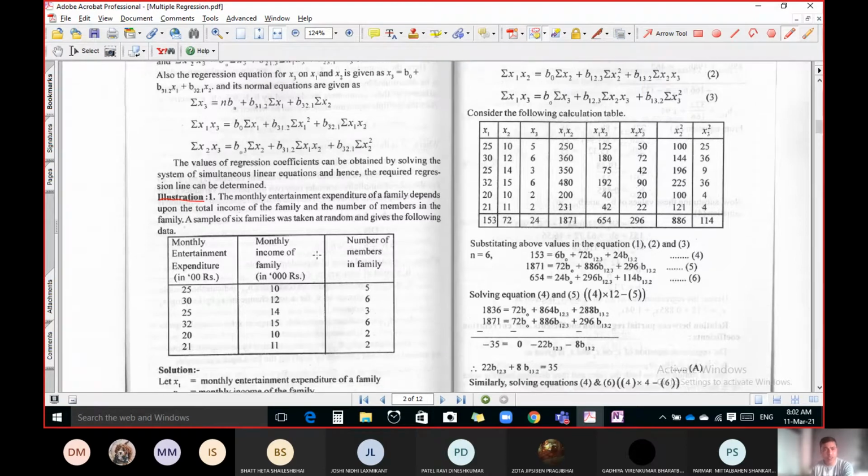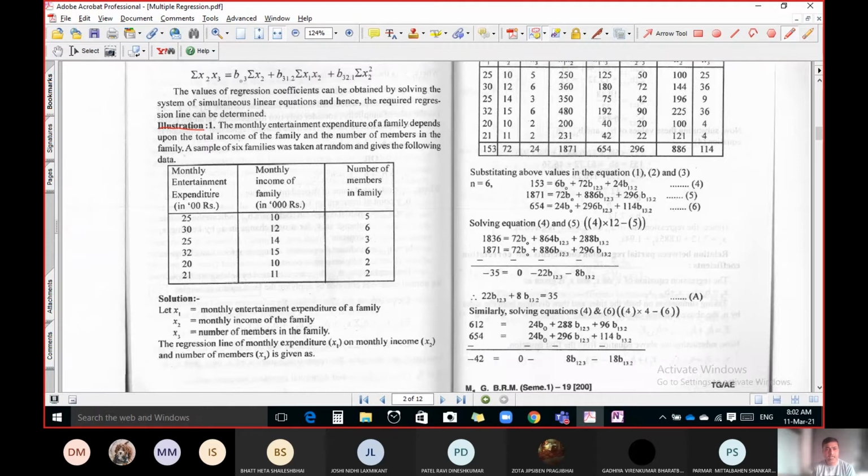So you can consider these as x1, x2, x3. So x1 is the monthly entertainment expenditure of the family, x2 is the monthly income of the family, and x3 is the number of members in the family.